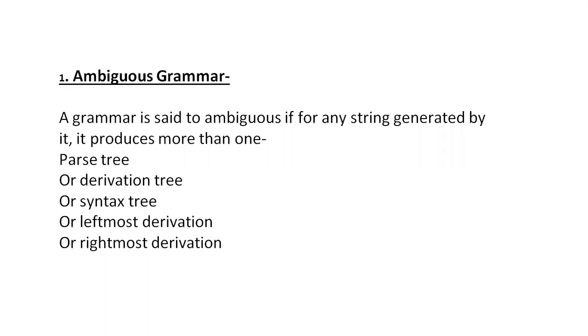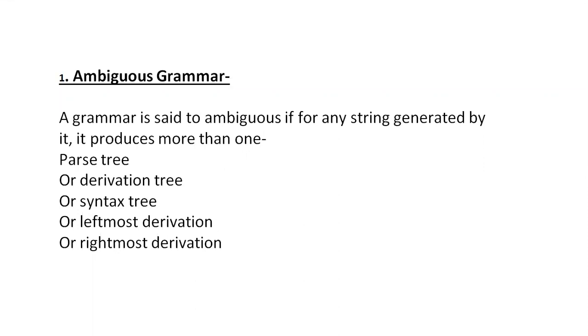A grammar is said to be ambiguous when, for any string, any input sentence, or for some input sentence, the string generated by it produces more than one parse tree. Then that type of grammar can be called an ambiguous grammar. Make a note of all this.